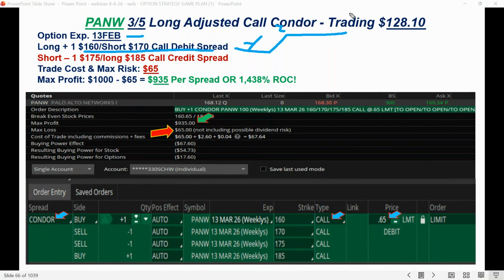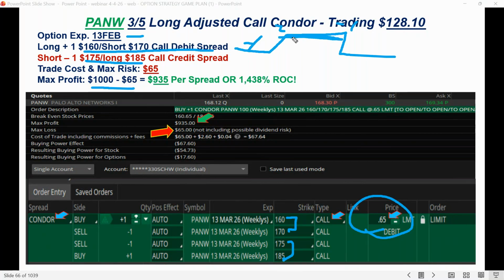And then when it was up here, we sold against that the 175, 185 call credit spread, completing this adjustment to a call condor that was $10 wide on both sides. So $10 wide, $1,000 wide spread. We adjusted our cost down to $65 right here for this 160, 170, 175, 185 call condor.